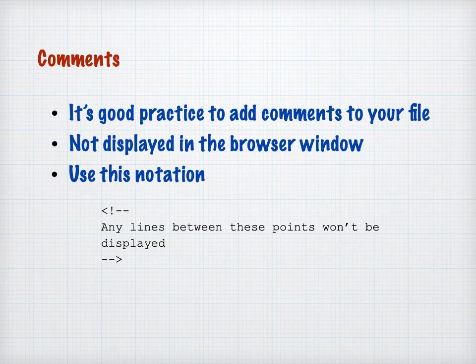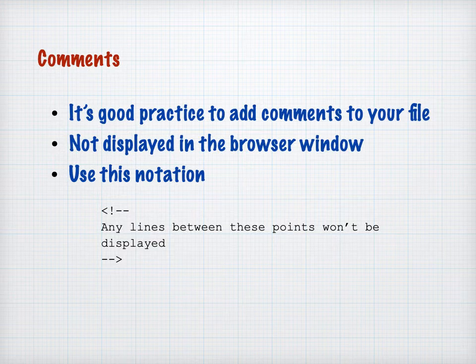Here's an example of something that you could put in the head. You could add a comment. So, for example, you could put something about when the file was actually created. Now, you can put comments wherever you like inside an HTML file, but you do need to bear in mind that anything between these 2 points won't actually be processed if you put them in correctly.